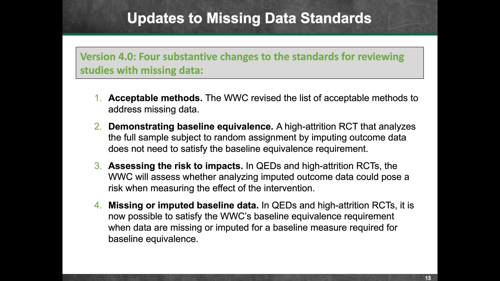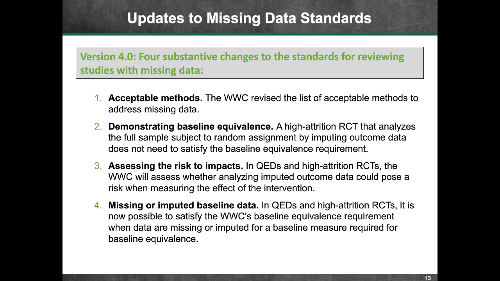The WWC would therefore require baseline equivalence to be established. However, if the authors instead analyzed imputed values for all of the students with missing outcome data, the WWC no longer needs to be concerned that the intervention and comparison groups differ, because the analysis includes all of the students who were randomly assigned a condition.